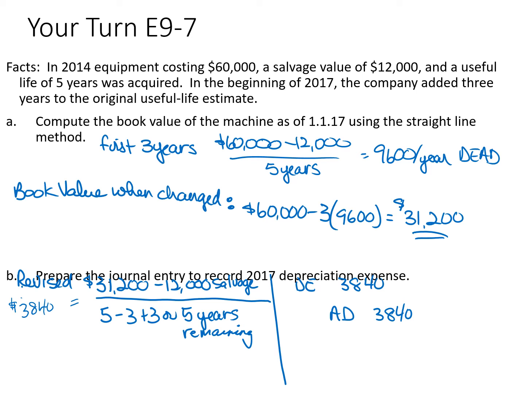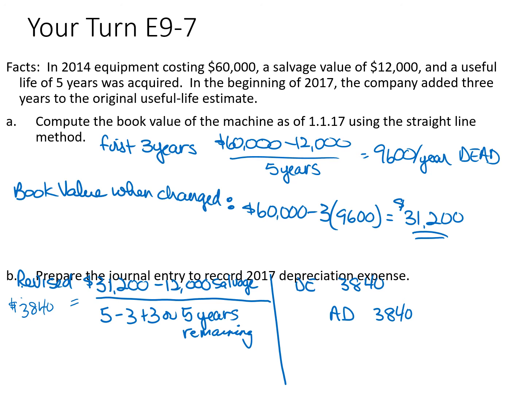Now, step 2 says we take the book value in the year of change, $31,200, minus the salvage or residual, which could be the original salvage or we could have changed it, over the life remaining. So it was originally a 5-year life.